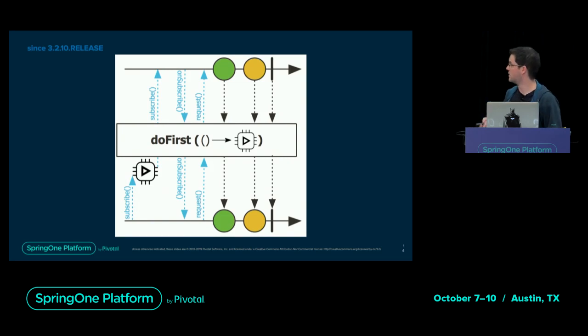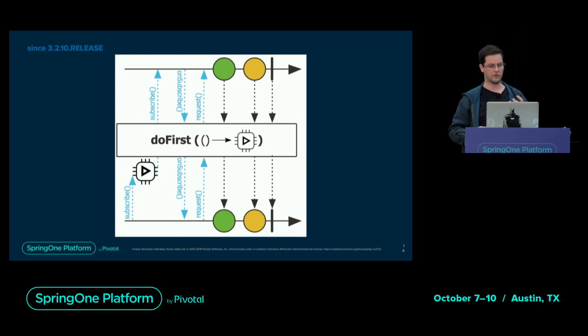It looks like this. Whenever you subscribe to this flux, it will execute the side effect of do first, and then propagate the subscription, which in turn will trigger an on subscribe event from upstream to downstream. Once you have the on subscribe, you have a hold of the subscription object that lets you request items and also lets you cancel the sequence if needed.